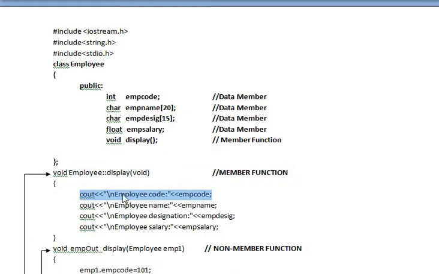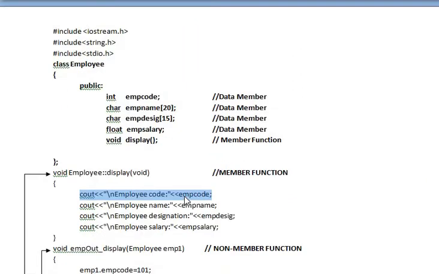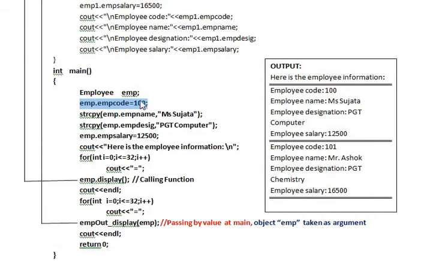The first statement uses the cout operator to print the text employee code, which is within inverted commas, into the output like this. And then it is going to put the value of the data member EMP code into the output. As the value 100 was assigned to the data member EMP code, you can see 100 for employee code in the output.